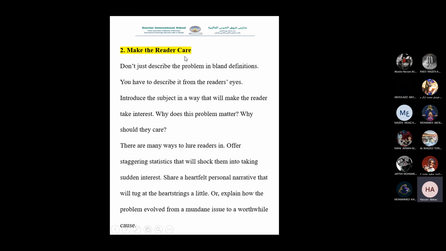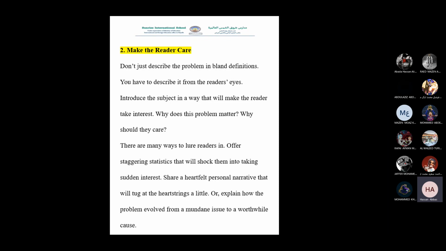Make the reader care. This is number 2. As you are a writer, you need a reader to read your paragraph. So you have to attract the reader to read your paragraph and to provide different solutions with you.